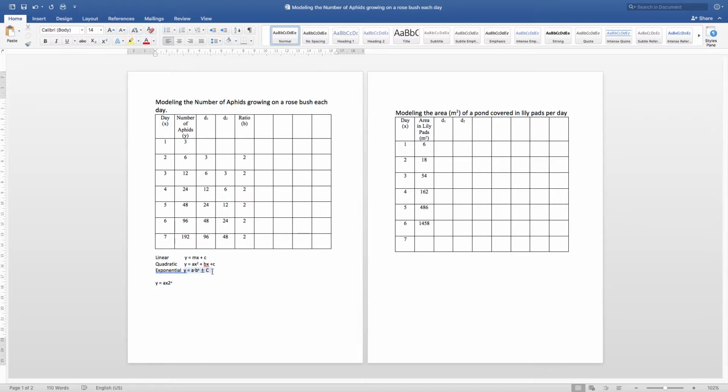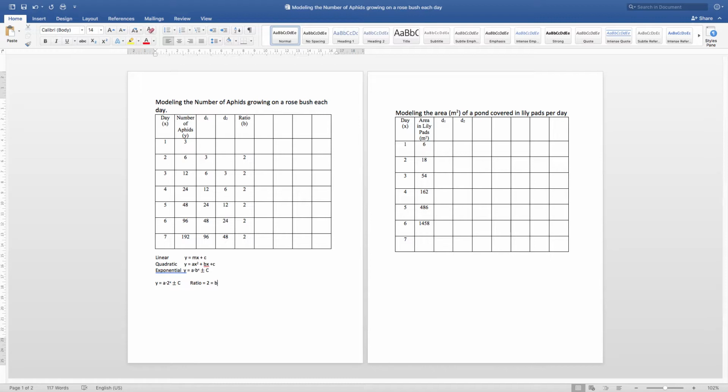So if I just copy that first and put this here, then I can change this to 2. So there's the first. We know that the common ratio is equal to 2, which equals the value of b. So now we have to try and find out what a is.